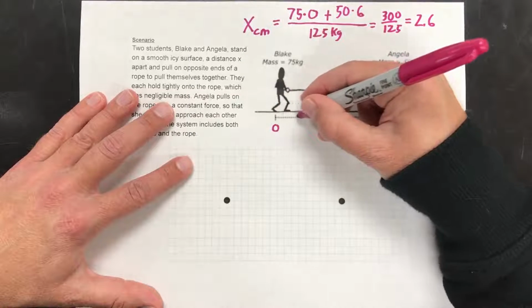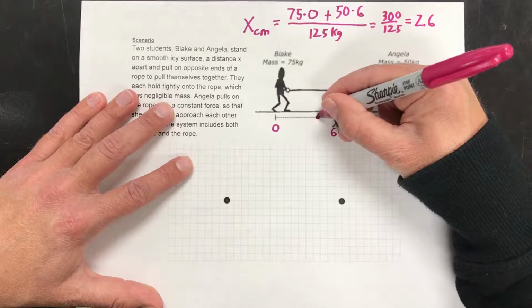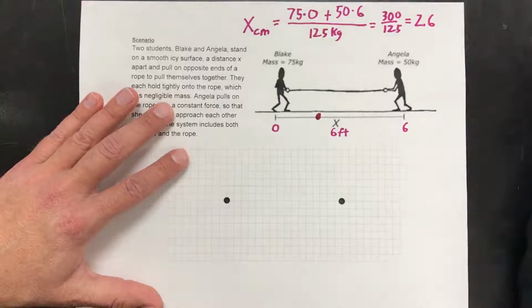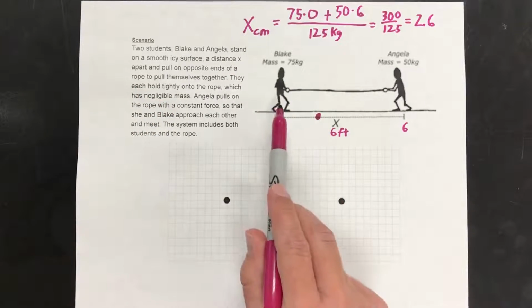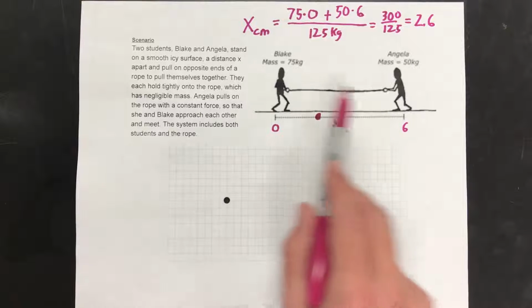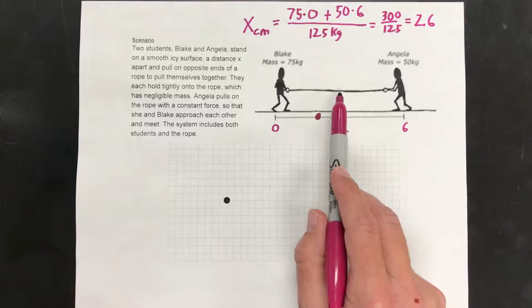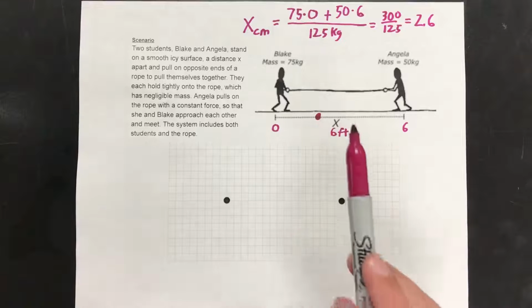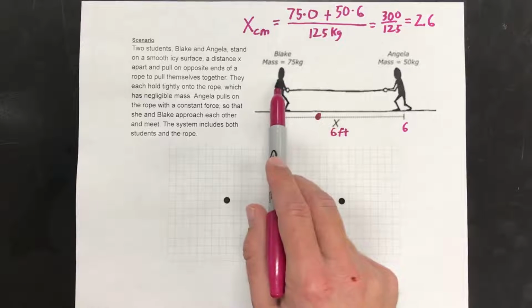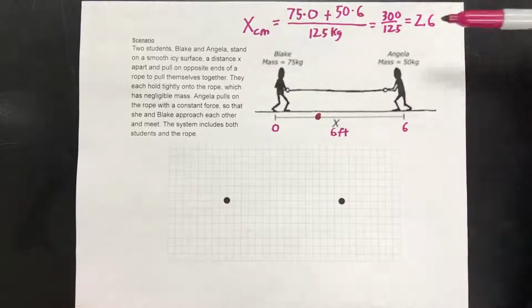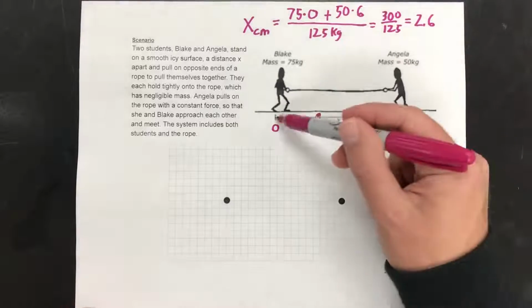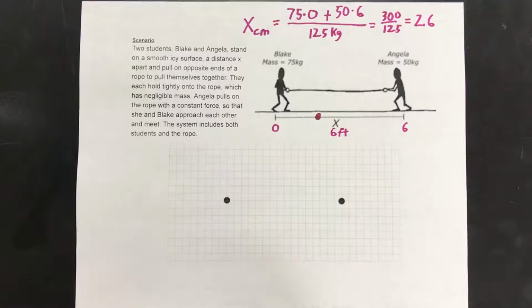So the center of mass is 2.4, I'll just estimate it right about there, away from the 0 point. That makes sense when you think about it. Blake's got more mass, so if they were equal masses, then the average position of the mass would be right dead center at 3 feet. But because he's got a little bit more mass, he pulls that average towards him a little bit. So 2.4 feet away from him would be the average position of that mass.